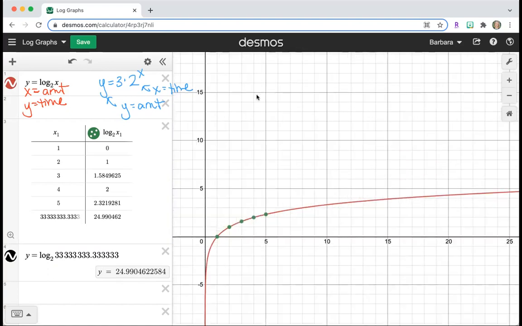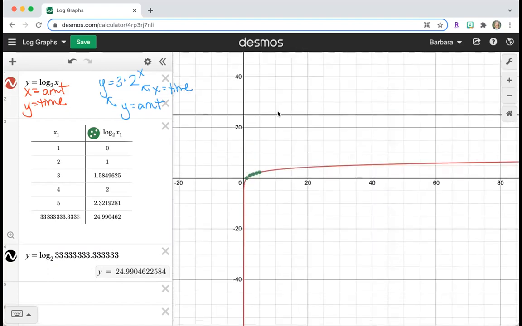And it's not showing up here, but you can see it just draws this horizontal line and it tells you y equals this number, about 25, or this 24.99. So I wanted to show you those steps in Desmos.